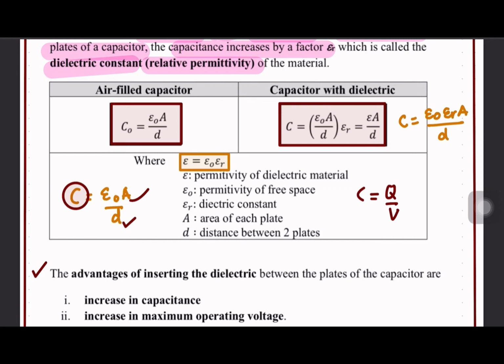Pada tiga benda yang saya sebut tadi. Ini just pelengkap dia sahaja. Kapasitor bergantung kepada basic formula dia, iaitu epsilon naught A over D. Jadi C akan berubah kalau A berubah, D berubah, dan insert dielectric.